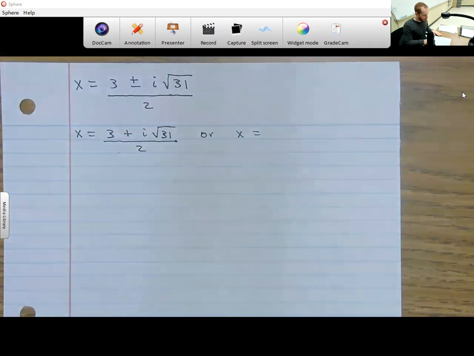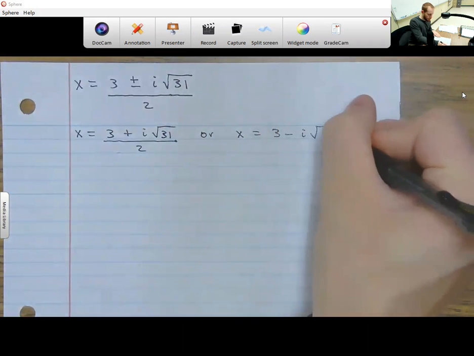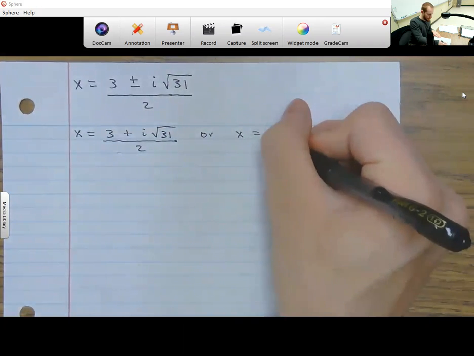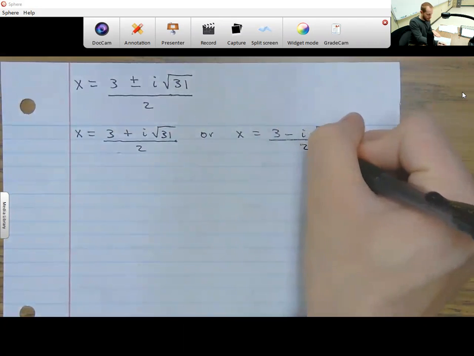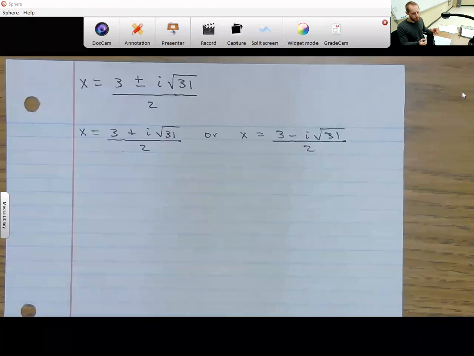In that case, I would have 3 minus I times the square root of 31, where everything is divided by 2. So I'm breaking apart the formula into two different answers based on the plus or minus. And at this point, there's nothing left to simplify, so you're done. I can't do anything else.